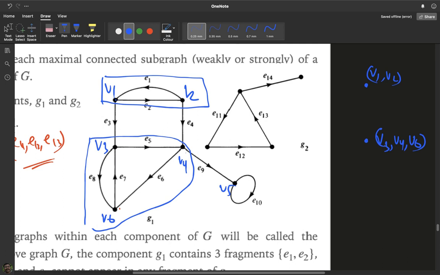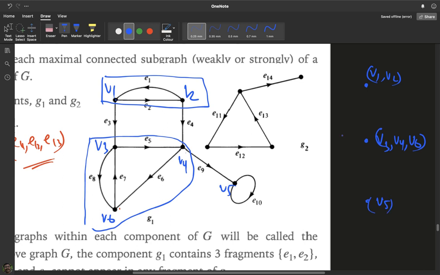Suppose v1, v2 is a fragment. I'll represent v1 and v2 by a single vertex. Similarly, v3, v4, v6 is a fragment, and I am going to represent it by a single vertex. Similarly, this one just consists of one fragment, I'll represent it by just v5 here.